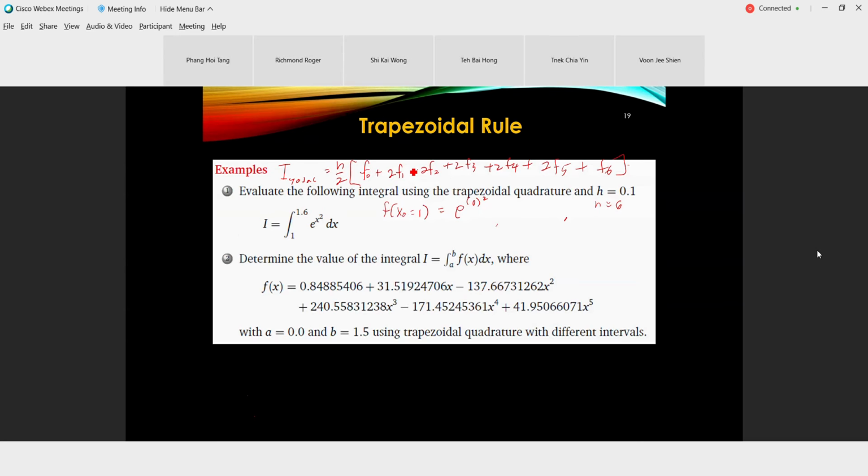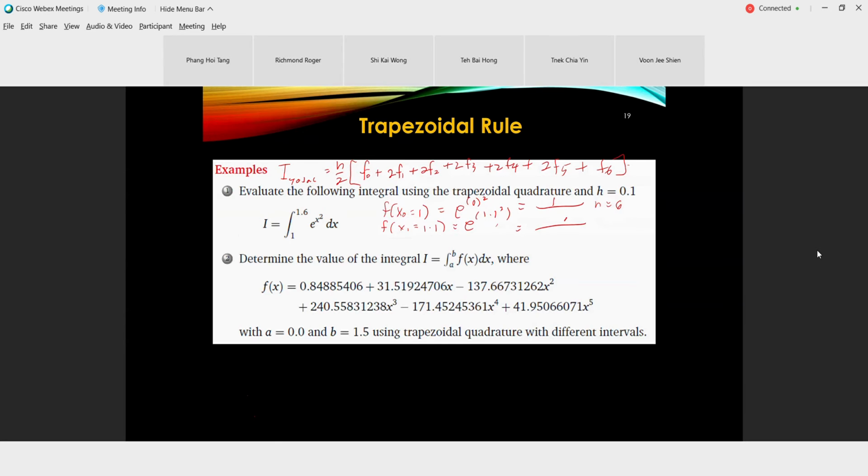What is its value? 1.1. Okay, x1 equals 1.1, so you calculate exponent of 1.1 squared. The purpose is to replace the x value. Calculate it, everyone. Exponential of 0 squared gives 1.